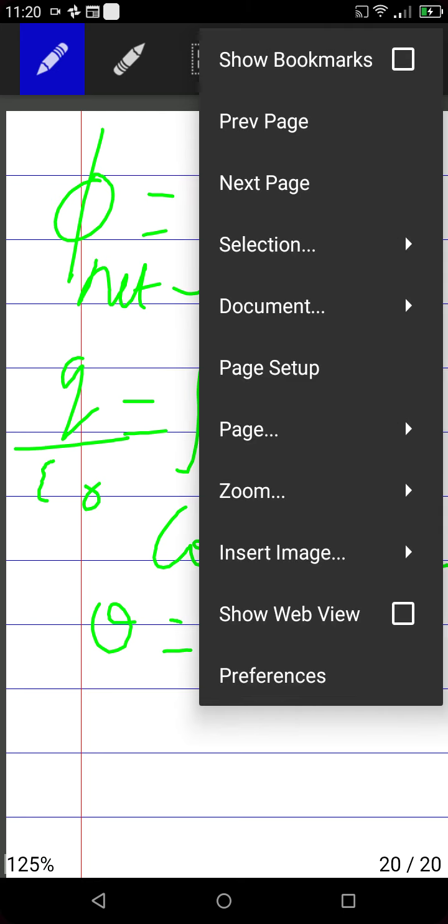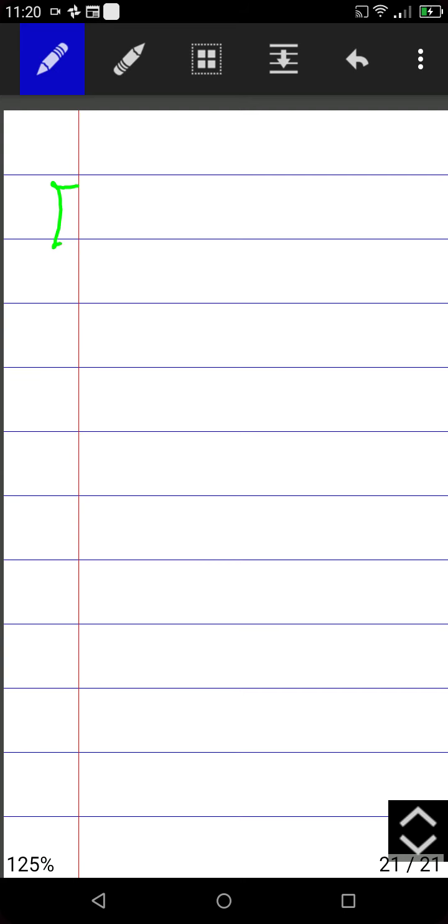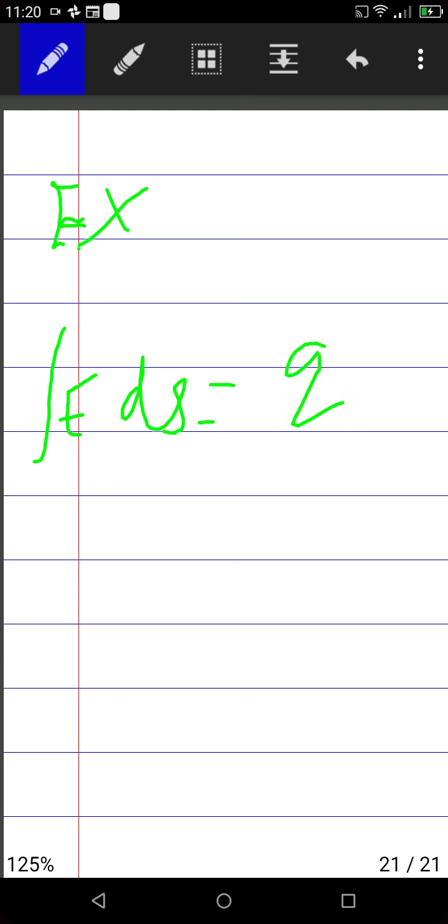Now we have to integrate it. Here we are considering a uniform electric field. Uniform means the electric field is constant. So from this integration we remove E because it is a constant.